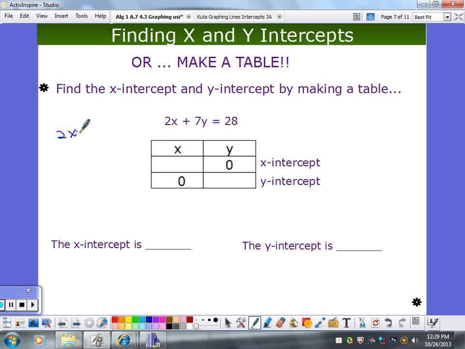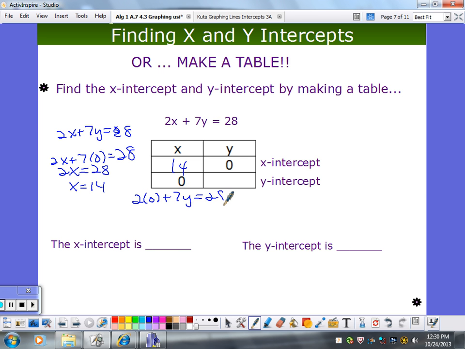So 2x plus 7y equals 28. If y equals 0, then plug that in. And this is the same thing, right? Didn't we just do this? The 14 is what you get when y equals 0. Then you can set up this one where x is 0. And again, same thing, we just did it.